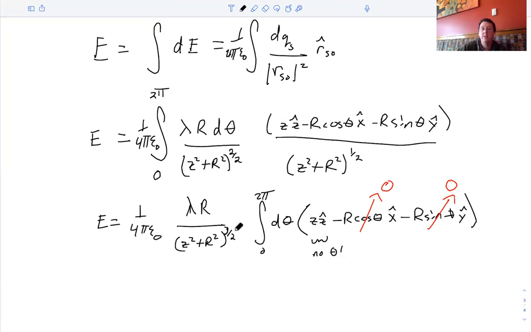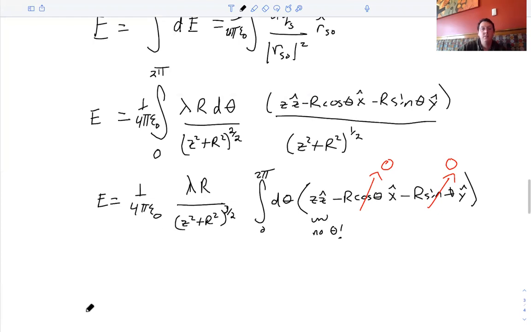So it's super easy. It's an integral anyone can do. So the electric field we calculate is simply 1 over 4 pi epsilon naught lambda r over z squared plus r squared to the 3 halves.